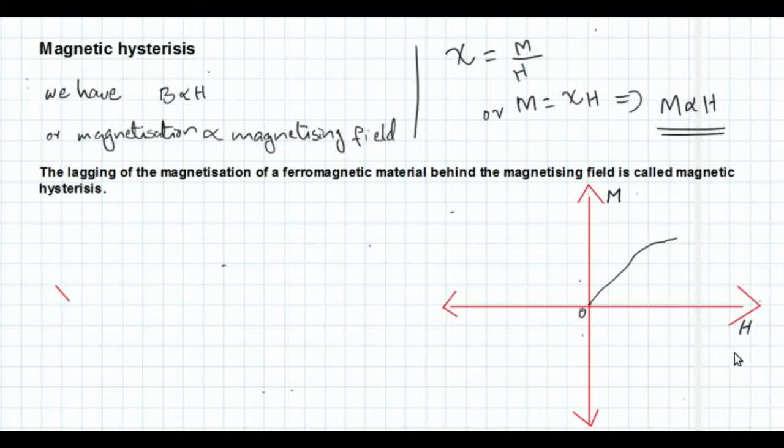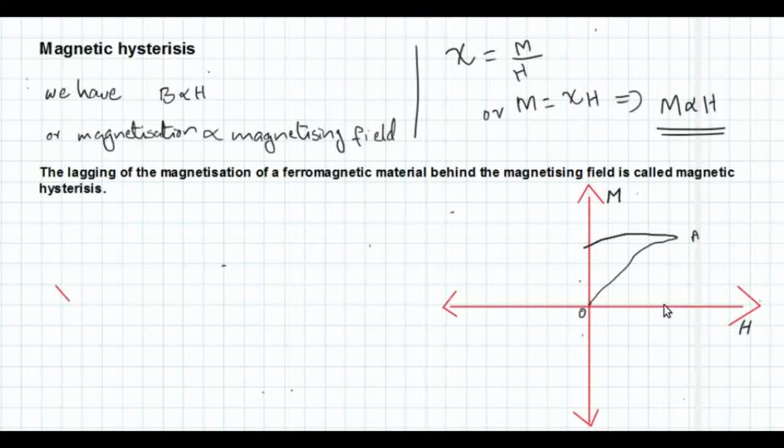increasing the intensity of the magnetizing field, and now we are slowly decreasing the value of the magnetizing field. When we decrease the magnetizing field, you can see that the magnetization is not decreasing, right? So at this point there is still magnetization.